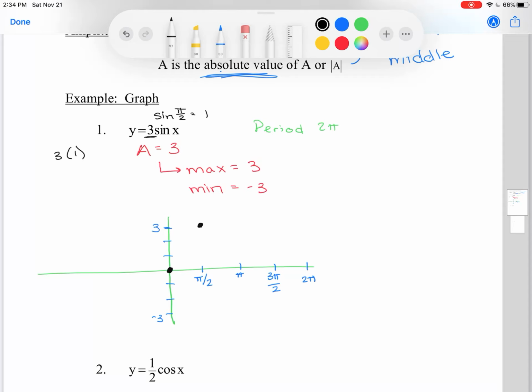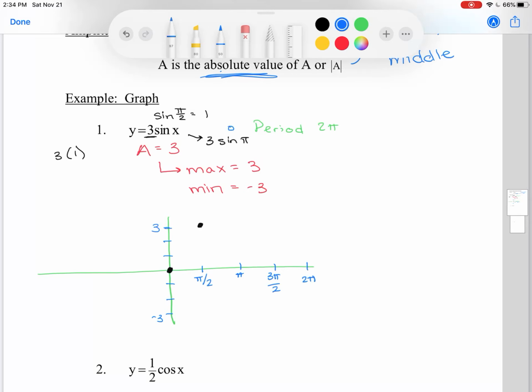Sine at pi/2 is going to equal 1. But remember, we have this 3 out front now, so that's going to tell us we need to take 3, multiply that with 1. So I know that 3 times sine of pi/2 is going to be +3 this time.